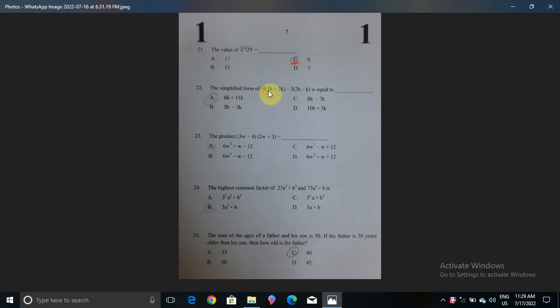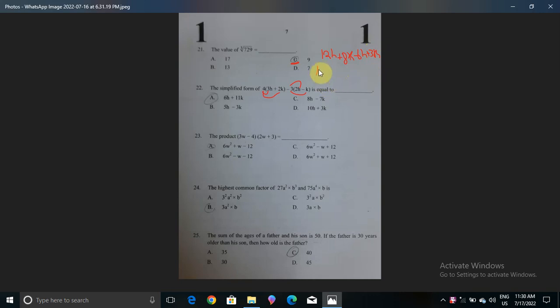4 times 3 and 4 times 2k, then negative 3 times 2h and negative 3 times k. Then what we will get here: 12h plus 8k minus 6h plus 3k.